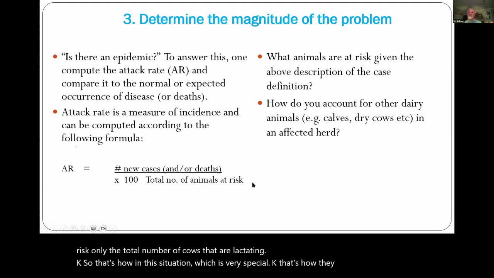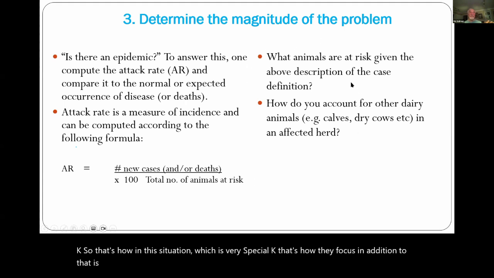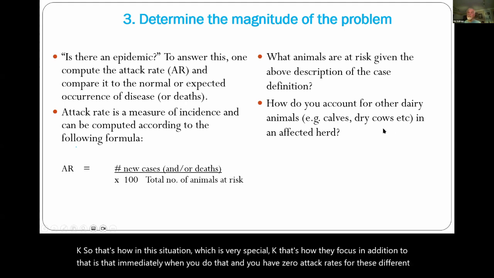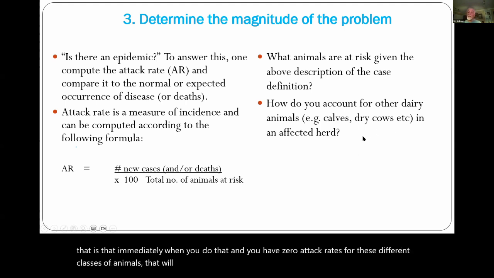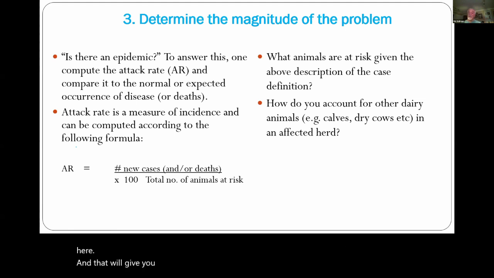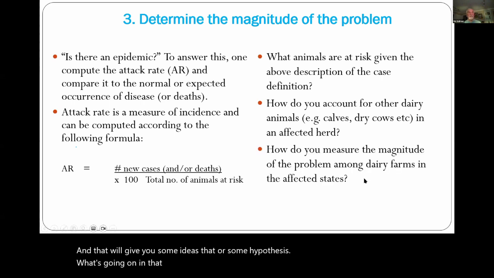In addition, when you do that and you have 0 attack rates for these different classes of animals, that will give you, let's call it, a red flag, like there is a risk factor here. And that will give you some ideas, or some hypotheses, about what's going on, which I will indicate later.